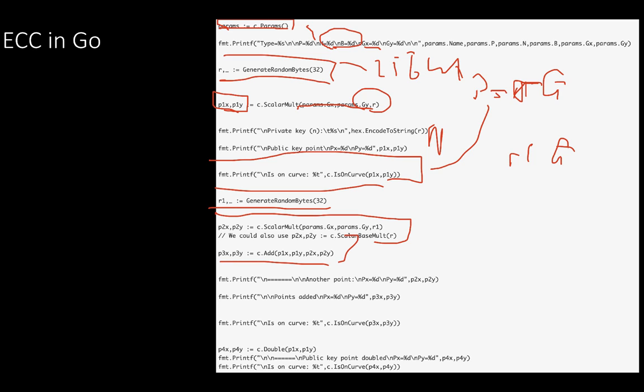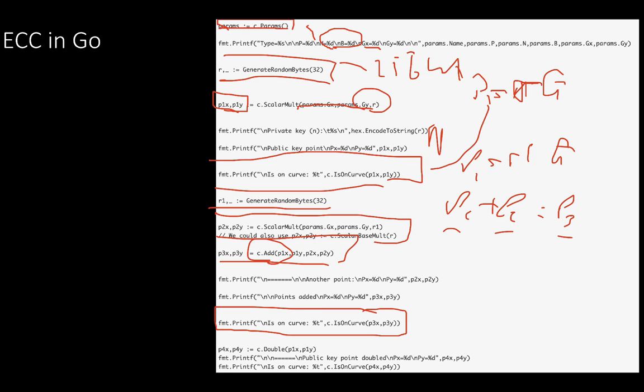And next we'll add the two public key points together to give us another point, p3, and we use this method here, and again we'll check to see if it's on the curve, and hopefully it is, because two elliptic curve points when added together should end up on the curve. And then finally we'll do a double of the original public key point, print it out, and then we'll test to see if that is on the elliptic curve.